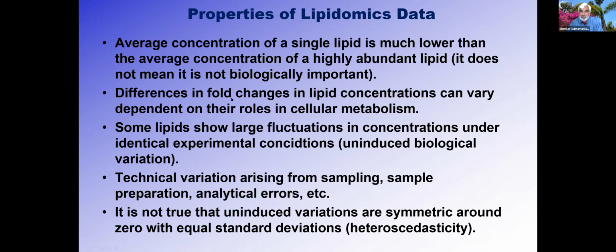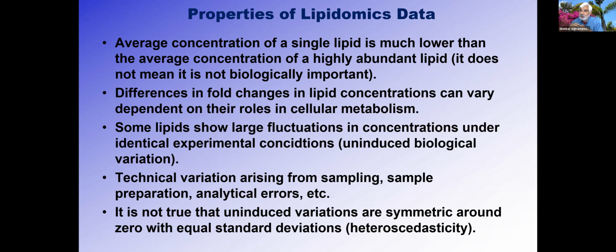Second, differences in fold changes in lipid concentrations can vary depending on the roles in metabolism. For example, in central metabolism, you may have more of one fold change, fluxing, which means that your substrate is converted into product more, the kinetics is more, and the rate is much faster, much higher.